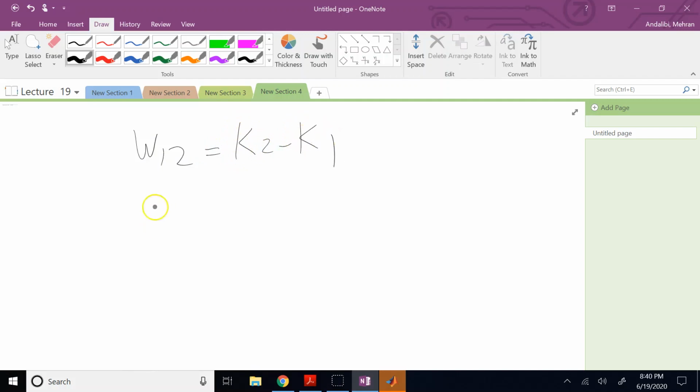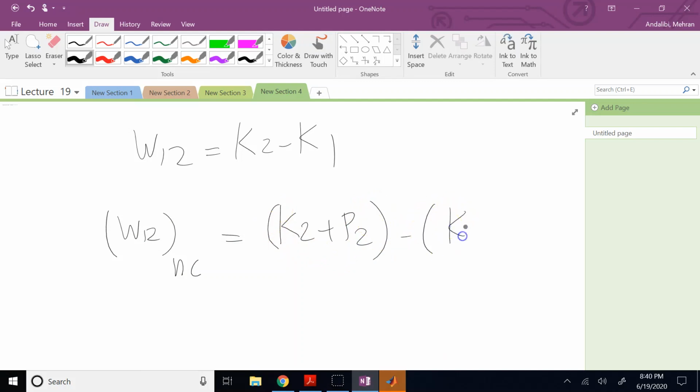The other way to write it is: the work done by only non-conservatives is equal to K2 plus P2 minus K1 plus P1.